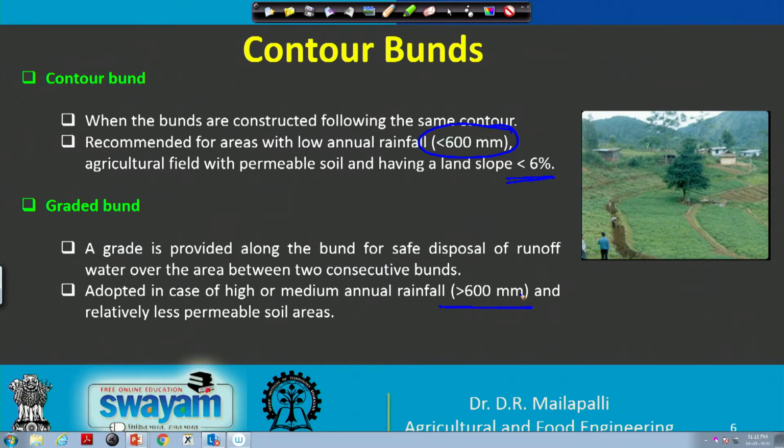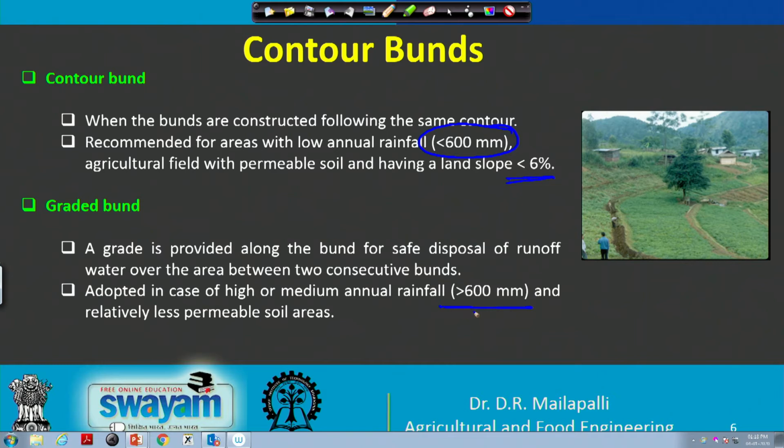In the graded bund, because the rainfall is more, you need to safely dispose the overland flow from the effective area of the cultivated area in between the two bunds or two contour bunds.